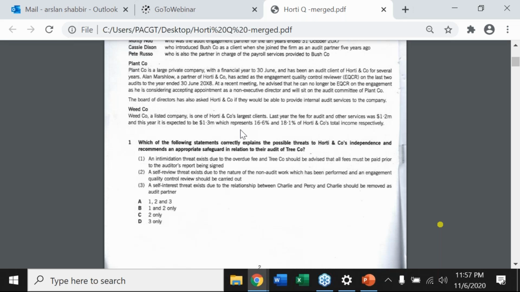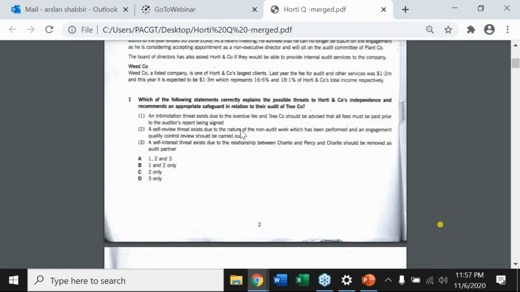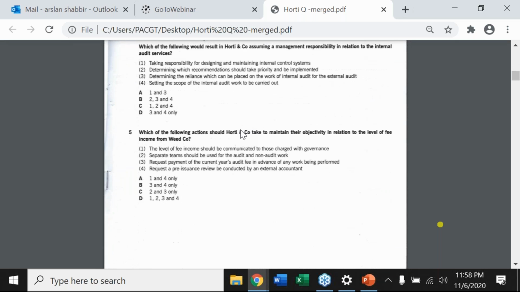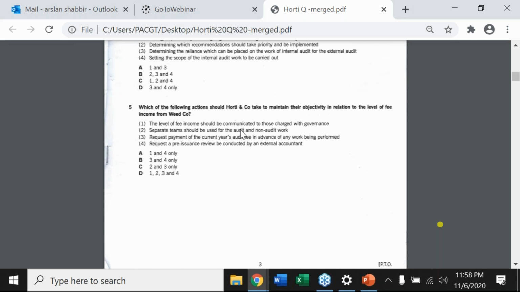I am going towards the MCQs. This is the fifth MCQ.